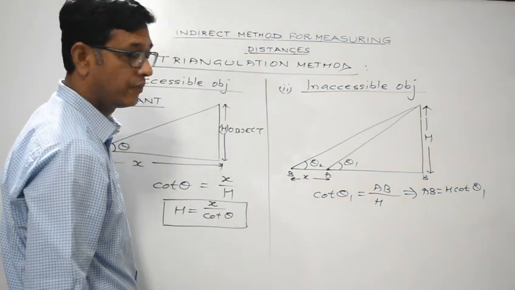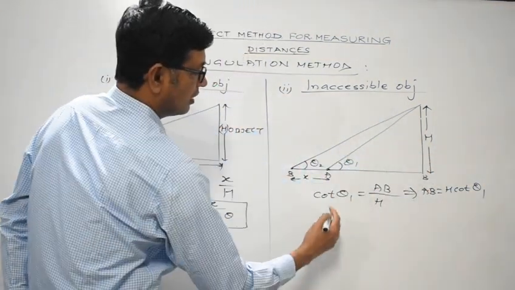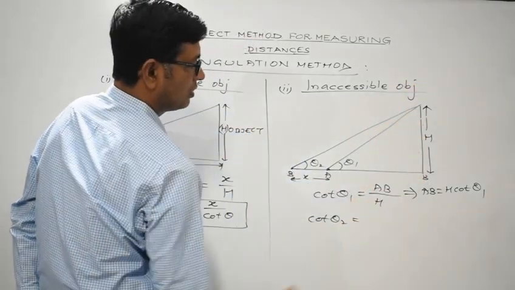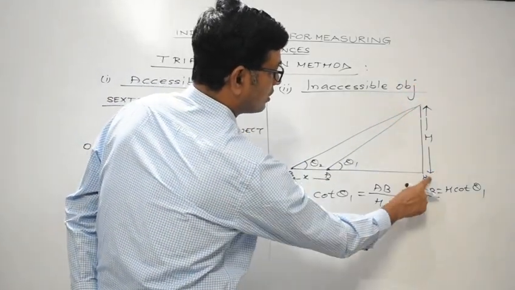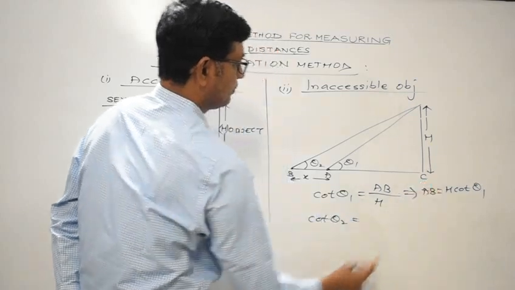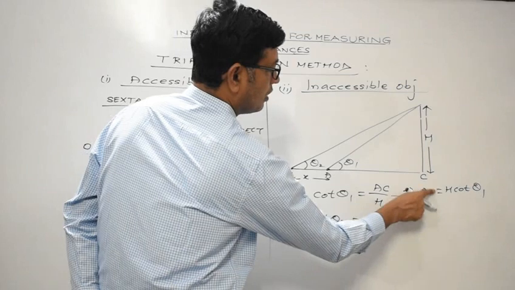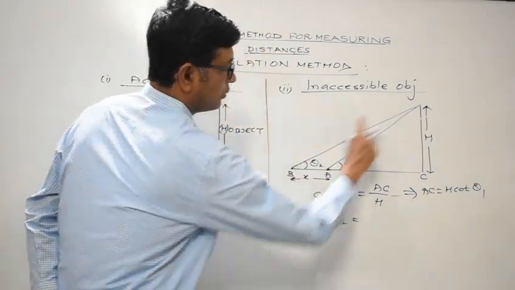Let's consider this bigger triangle, cot theta 2. It is again base over perpendicular. Base is, suppose this is C, so BC actually. So let us consider this big triangle.